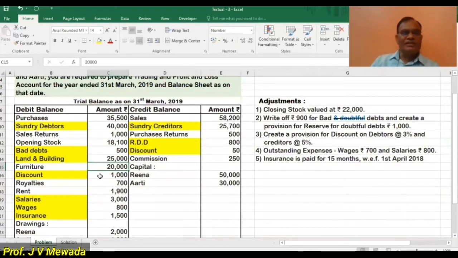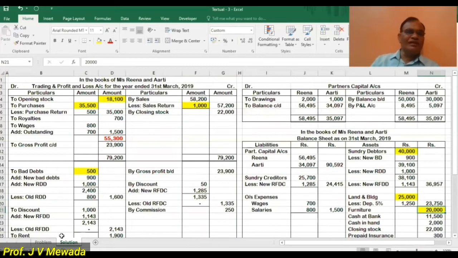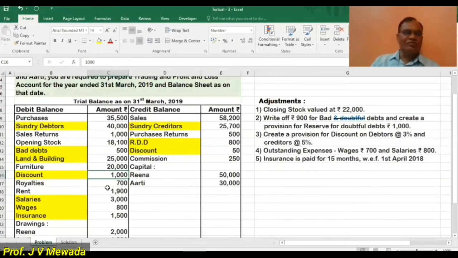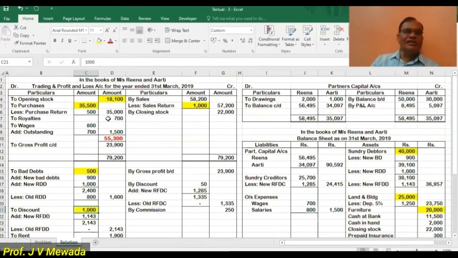Now on the debit side, discount. So discount we are writing in the formula of discount. On the debit side, we have formula. This is nothing but discount allowed. They have not mentioned discount allowed, but discount debit means discount allowed. Royalties, it is a direct expense. So royalties, trading account, debit side.